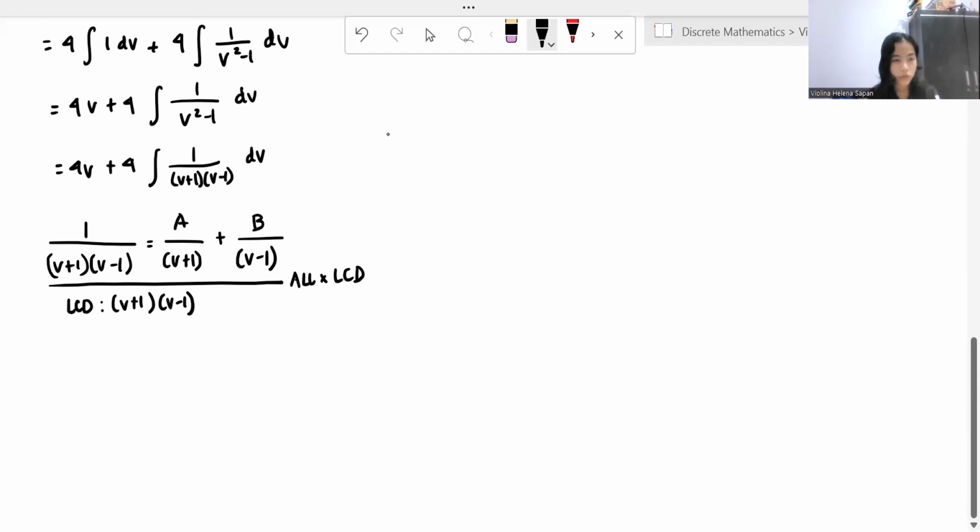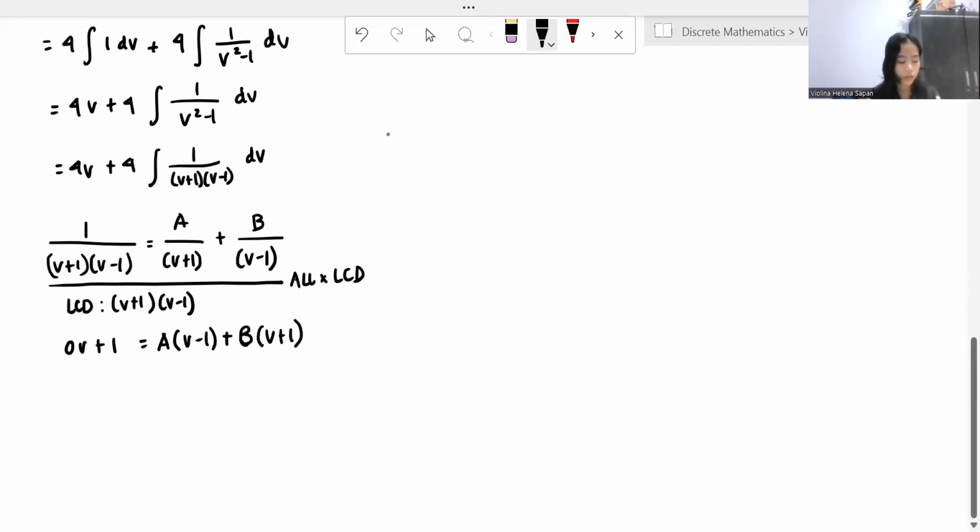We can think of this one as 0v plus 1. And the denominator, I already multiplied the denominator with the LCD, so it equals 1, right? So the equation will be 0v plus 1, and then this one will be.